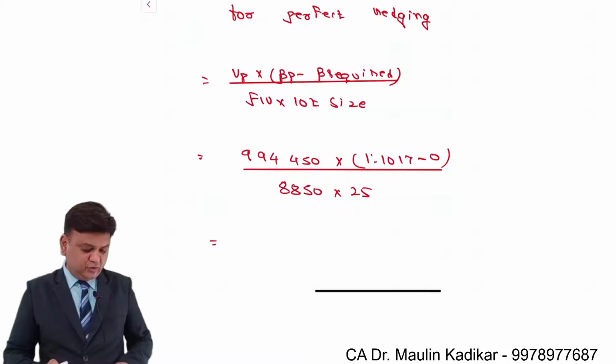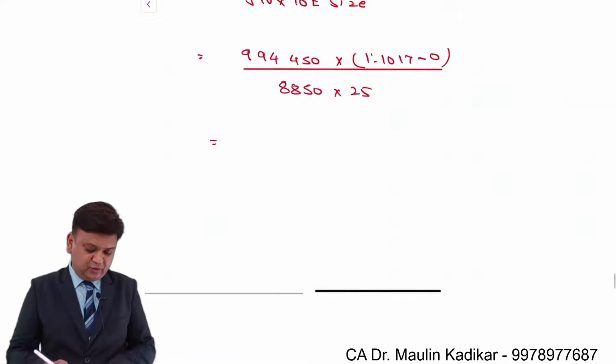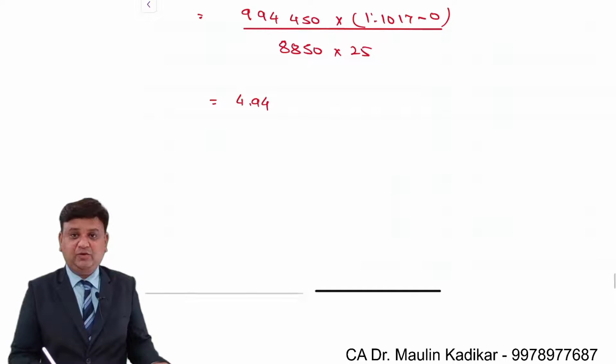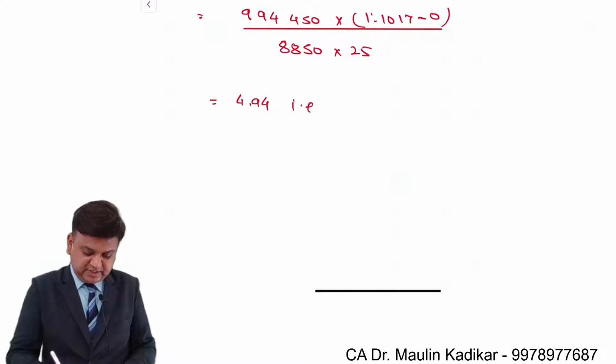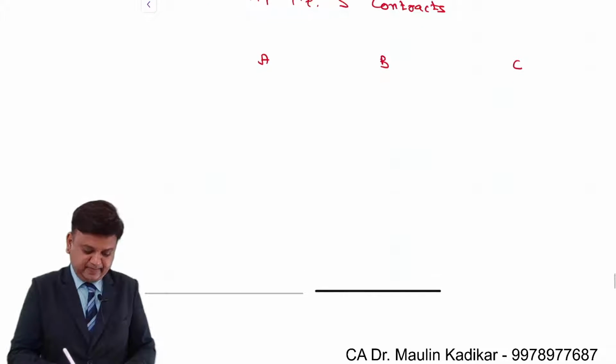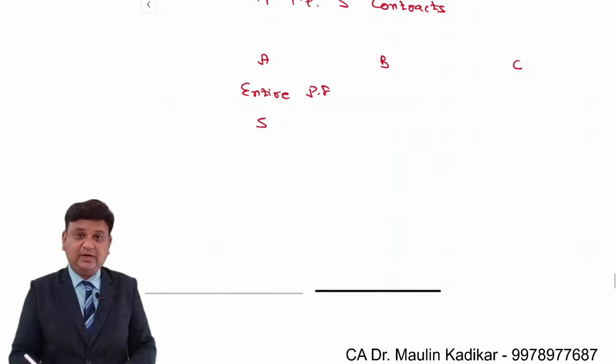It comes to 4.9441. 4.94, that is 5 contracts. So there are 3 questions provided to us, A, B, C. In the first one it is the entire portfolio, so 5 contracts.